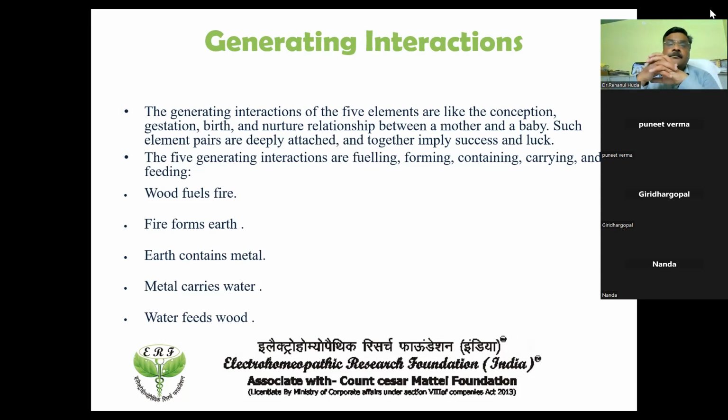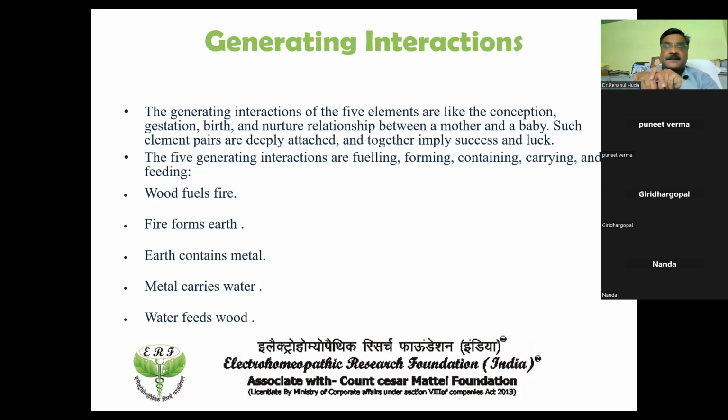So there is a generating cycle, or generating interactions, of these five elements. The generating interaction is like conception, gestation, birth, the natural relationship between a mother and baby, where the element pair are deeply attached and together imply success and luck.